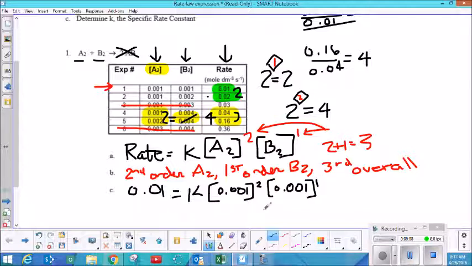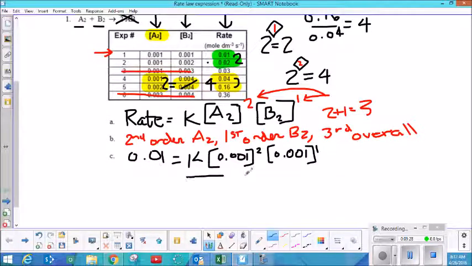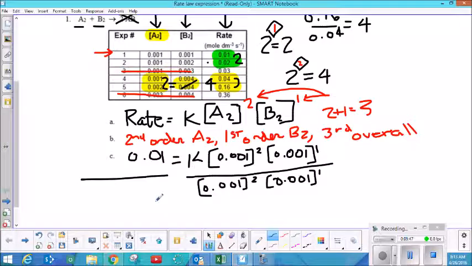So I've got rate equals that. And just like in any Algebra 1 problem, I have to isolate K. So I've got to get K by itself. So you always ask yourself, what's keeping K from being alone? And in this problem, of course, 0.001 to the 2 and 0.001 to the 1 are keeping K from being alone.